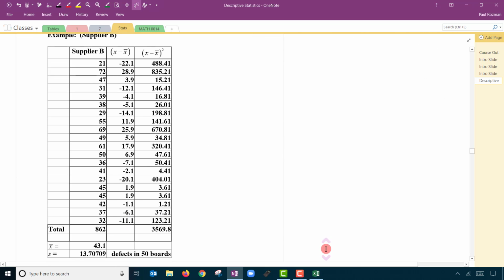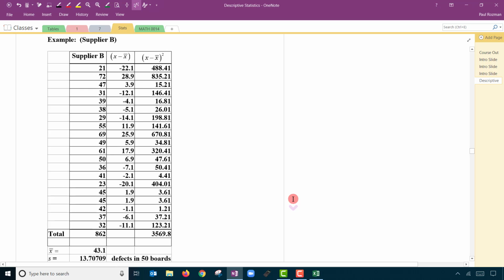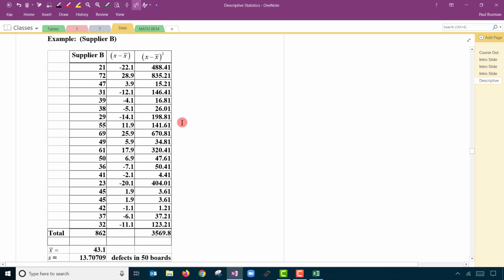Remember in the previous lecture, we were talking about 2x4s and the number of defects per 50 boards. That's what this data was. Supplier B had 21 defects in 50 2x4s, and then they had 72 defects in 50 2x4s, etc. There are 20 values here, and we decided that we liked supplier B over supplier A. I decided to calculate the mean and standard deviation sort of by hand, but you can see that this is really an Excel sheet.